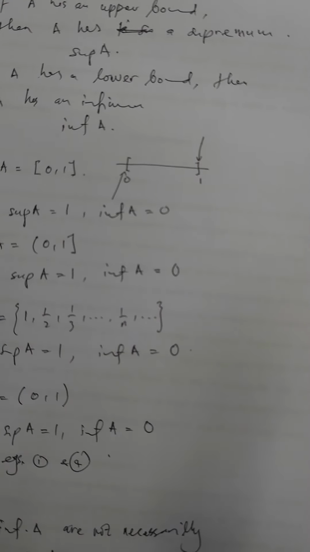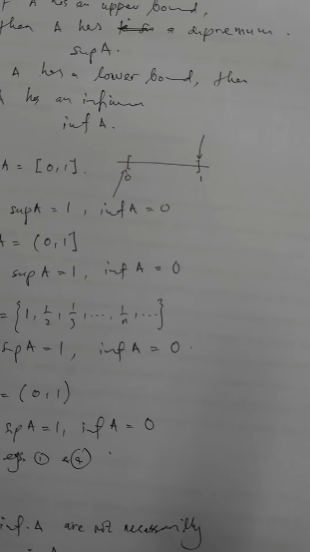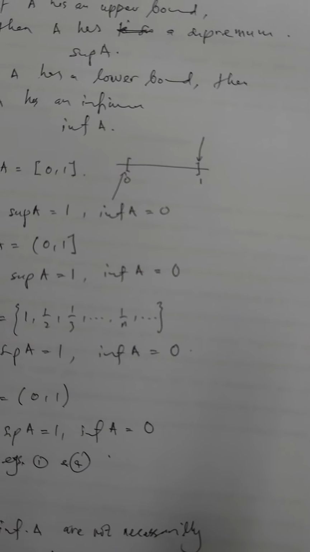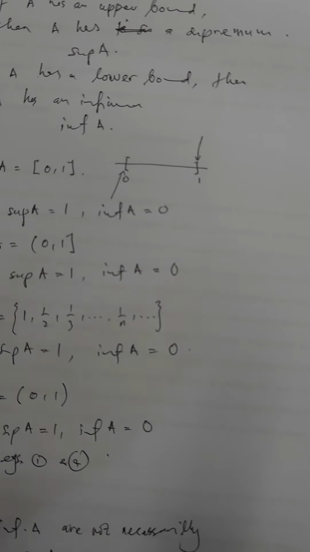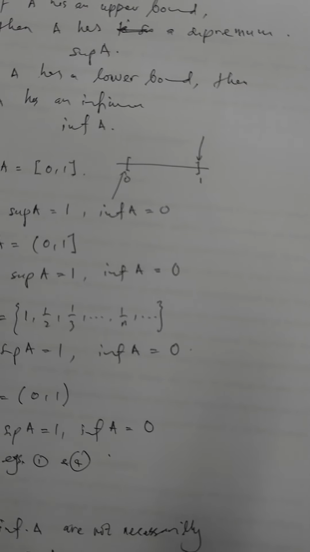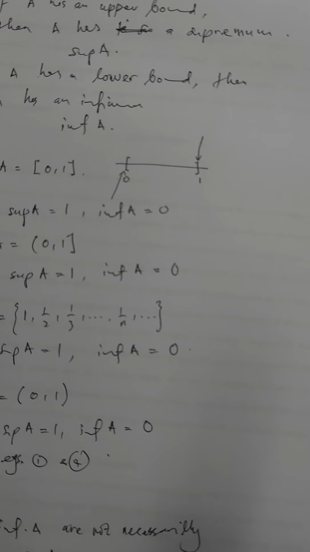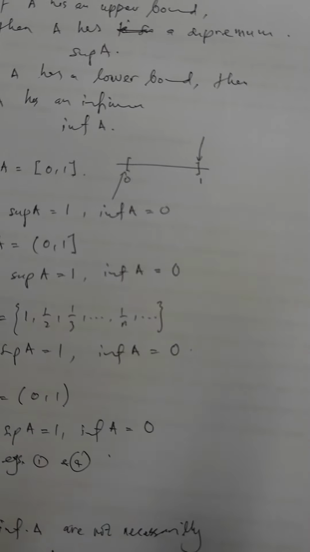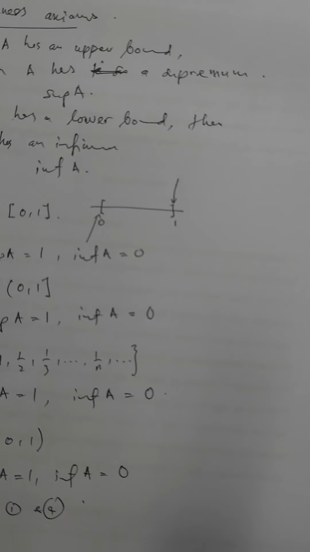We call that the least upper bound or supremum. Similarly, we can define the infimum. So that's the concept of upper bound and lower bound, least upper bound and greatest lower bound.